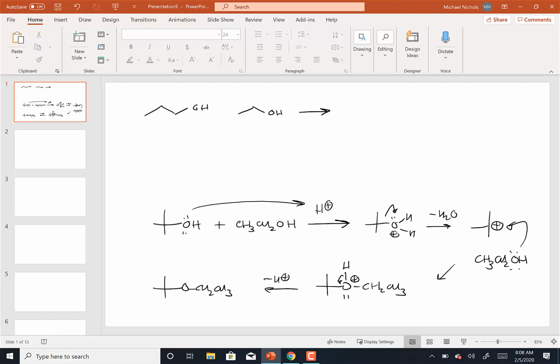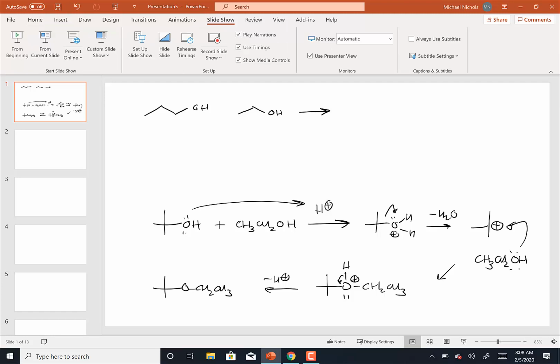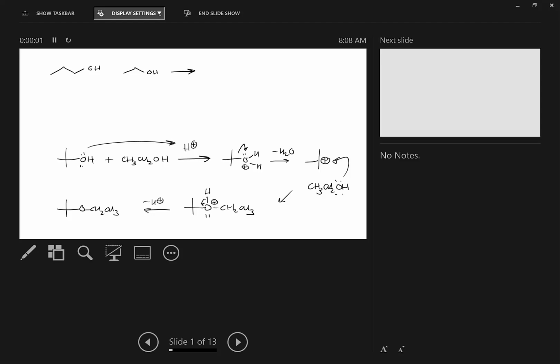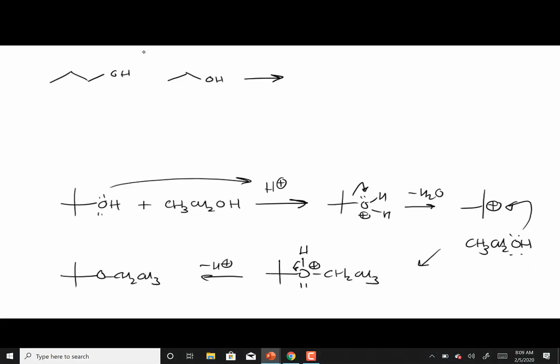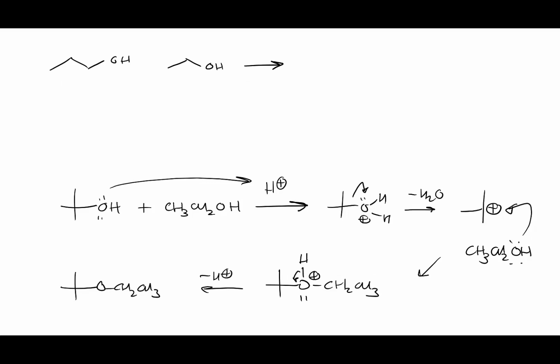Because for ethers, you can name them according to the two alkyl groups on either side: a tertiary butyl group and an ethyl group.